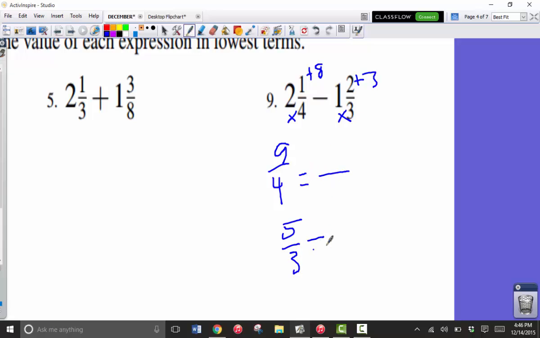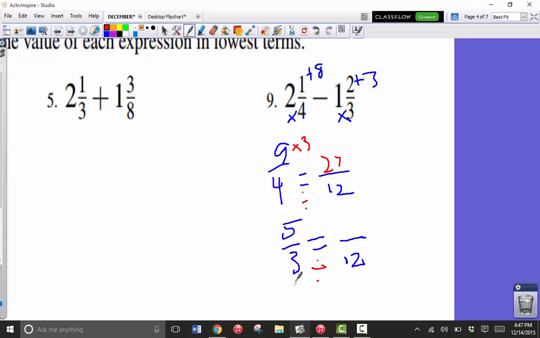If you use your multiplication chart, you will realize that the common denominator for 4 and 3 will be 12. Let's divide. 4 goes into 12 3 times. Multiply that with your numerator. 9 times 3, 27.